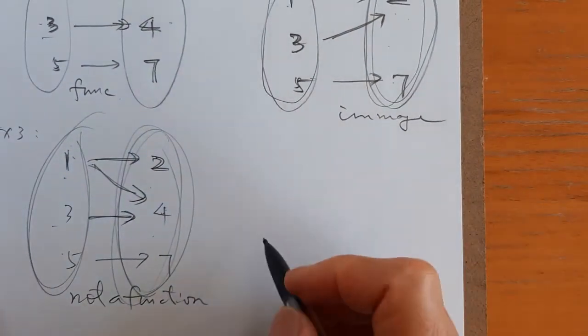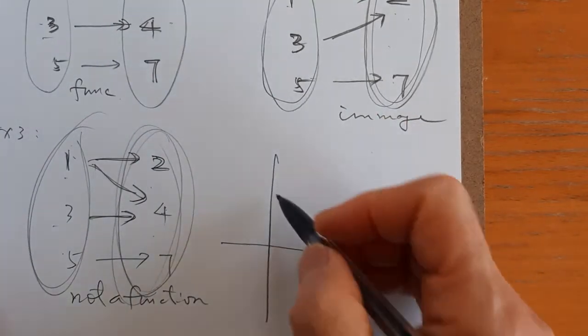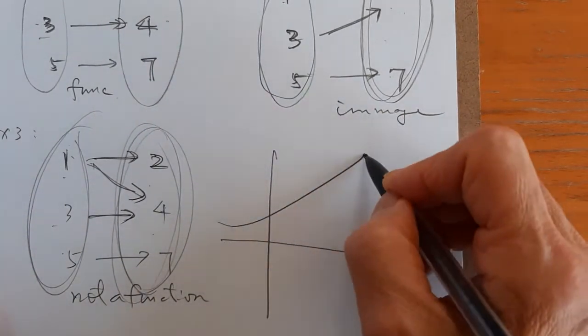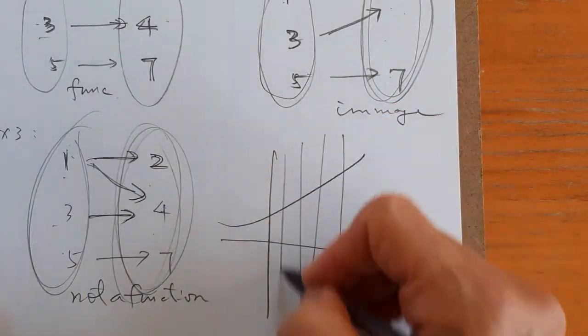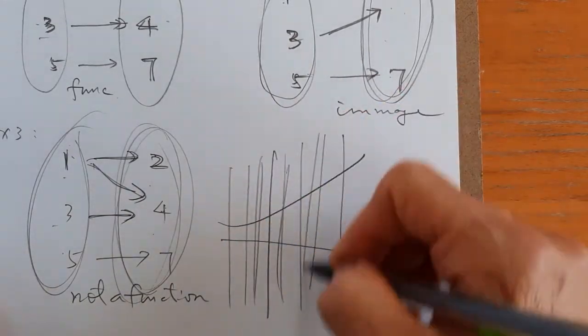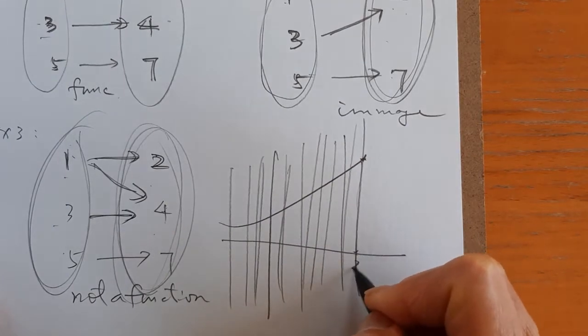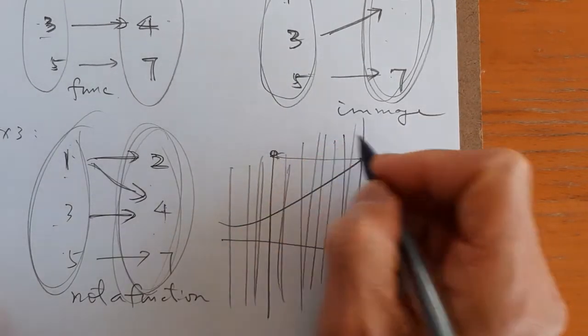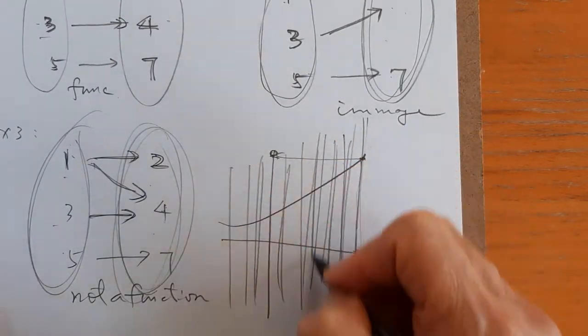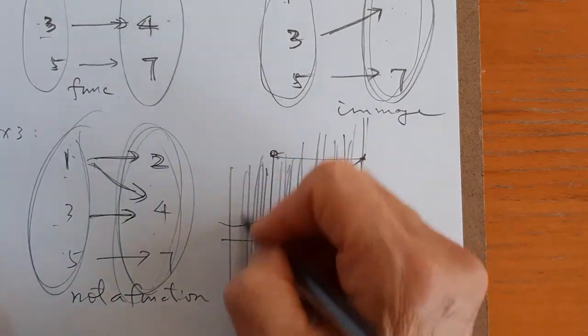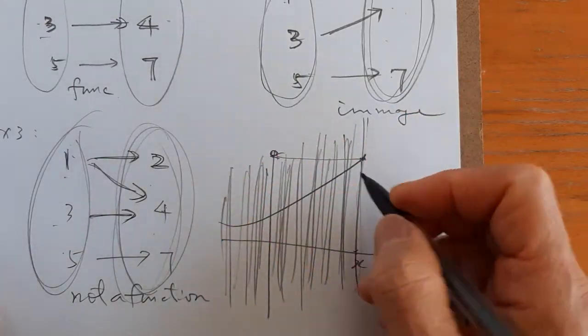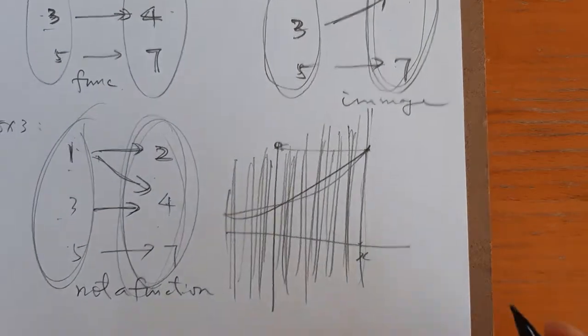So we call this the vertical line test. In order for a graph to be a function, draw a vertical line; for every x, there's only one y. If the line meets the graph at exactly 1 point, then this graph is a function.